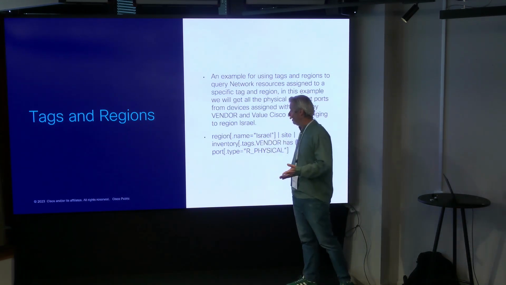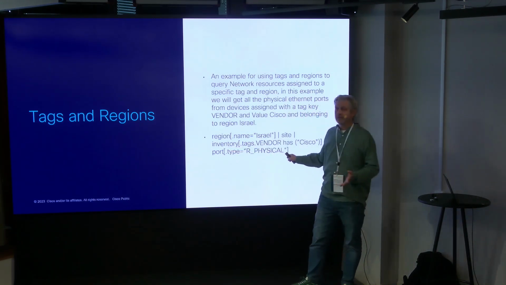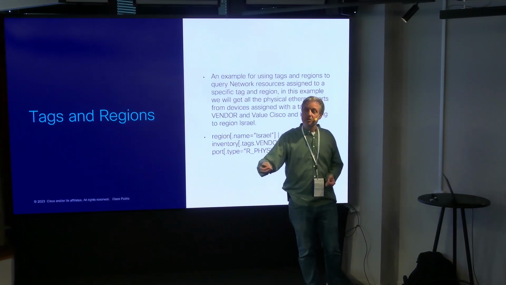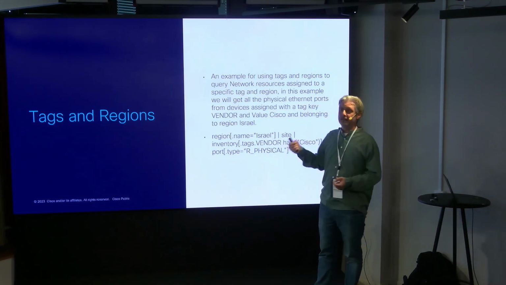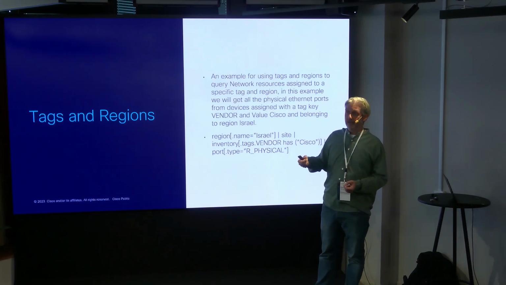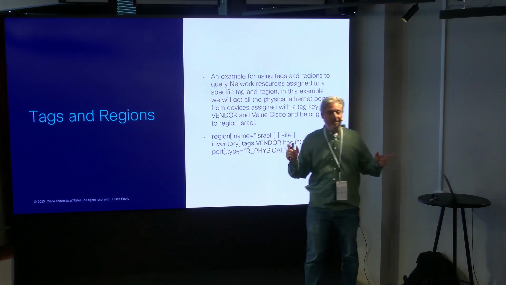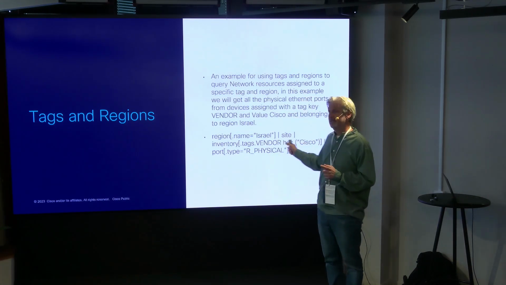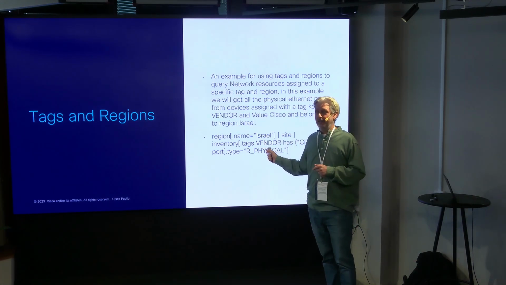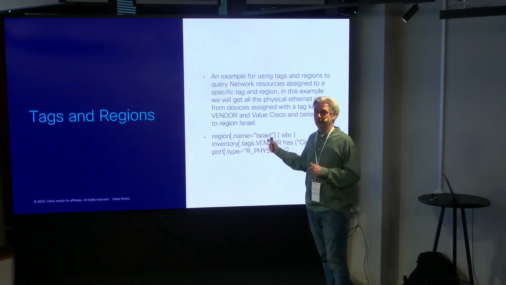So within that, bring me only the physical ports. So eventually the response will be the physical ports of Cisco routers in Israel. Okay, we start having more complex queries, right? And again, it's pretty easy, pretty intuitive, and you don't have to know SQL.